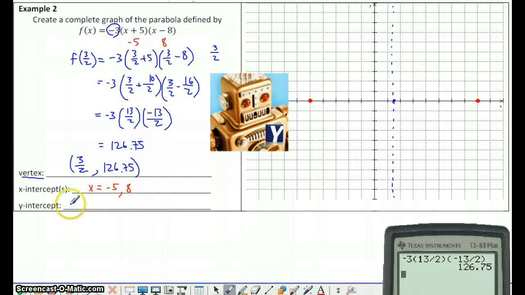Last thing I'll find is the y-intercept, which you can find by plugging in x equals 0 and then finding the y value.